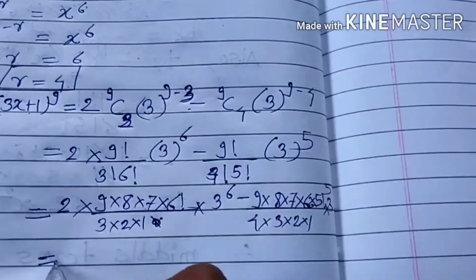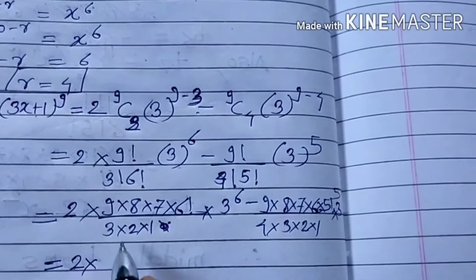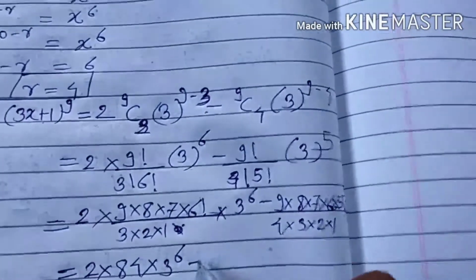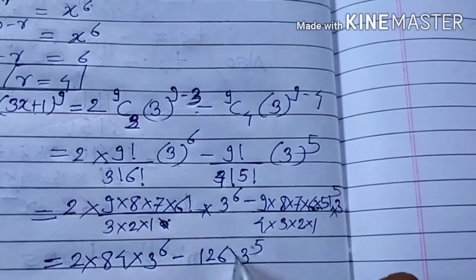So all the calculation is 2 into 84 into 3 raised to 6 minus 126 into 3 raised to 5.